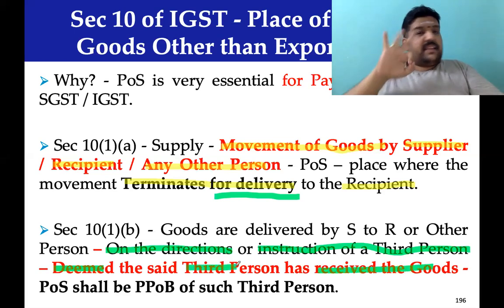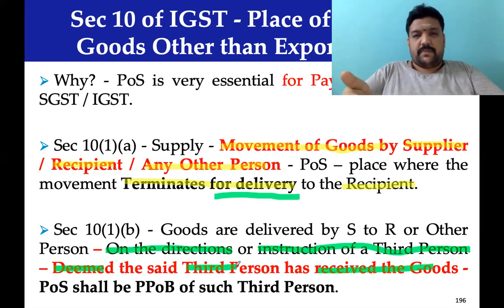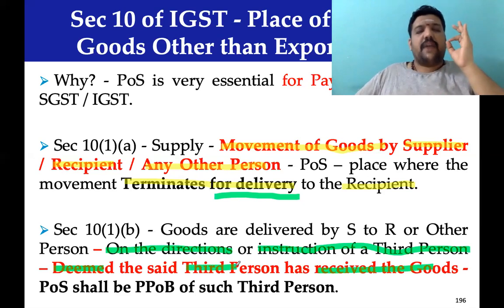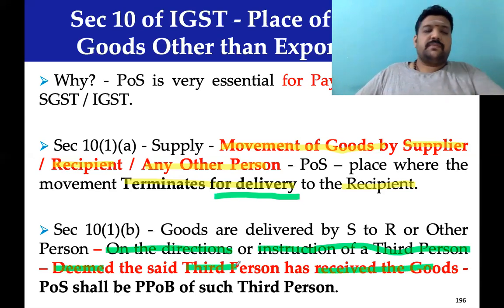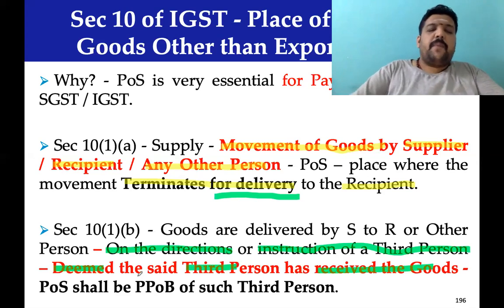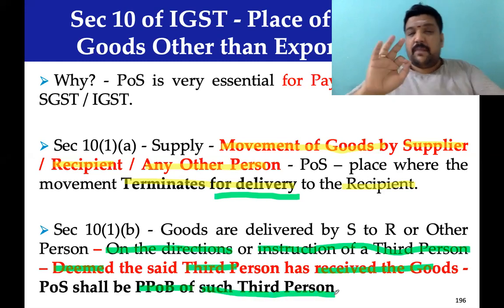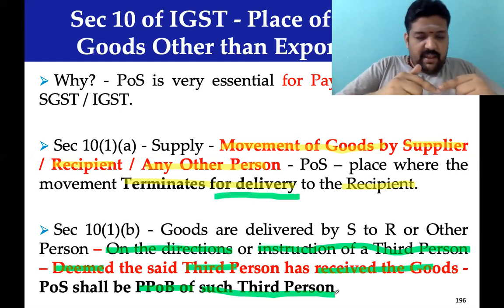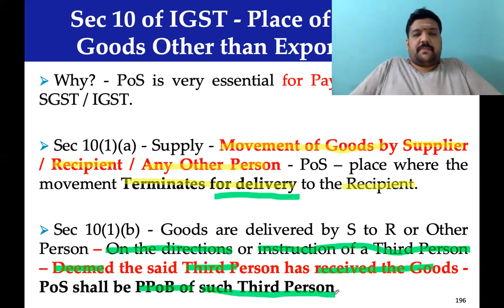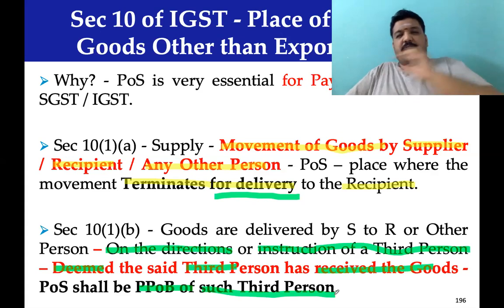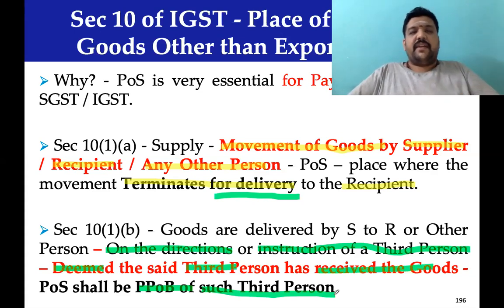It is deemed that the third person who gave instruction, B Limited, who gave direction to supply the goods, that person has received the goods, and the place of supply will be the principal place of business of the third person. Such person means the above-referred third person. To the extent possible, I brought it as per the section so that we get that connectivity when we write.